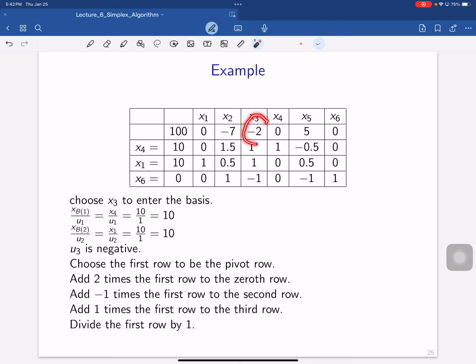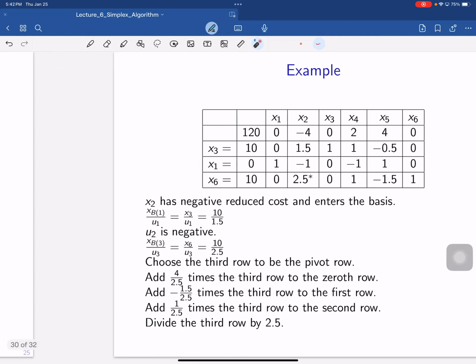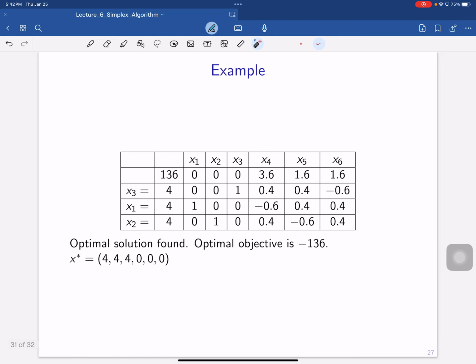We find another column with negative reduced cost. Then we do this again. Eventually, you will find that you arrive at a solution with non-negative reduced cost for all the variables. Then we can claim it is the optimal solution. Okay, so that's how people implement that in practice.